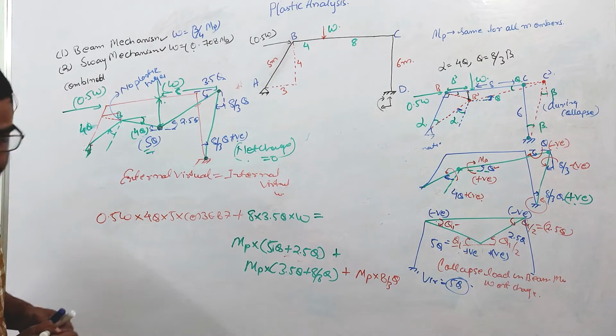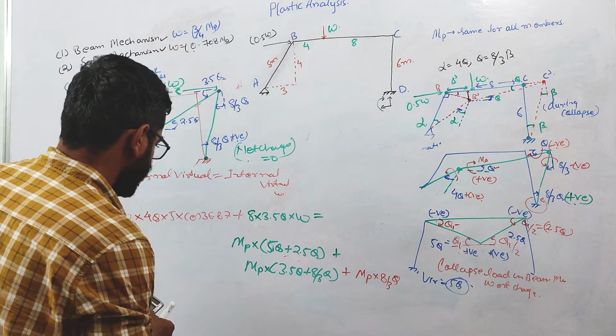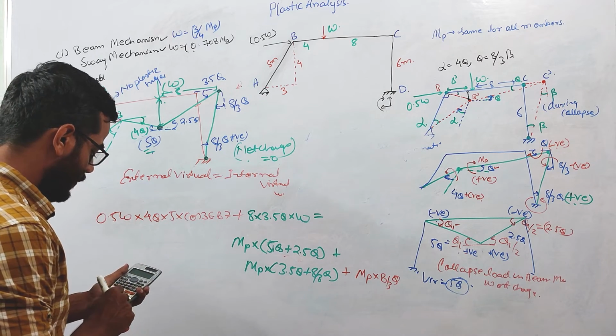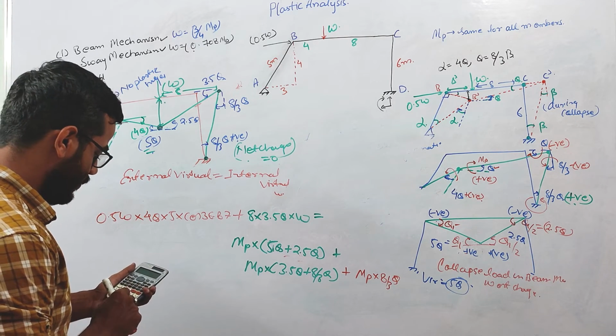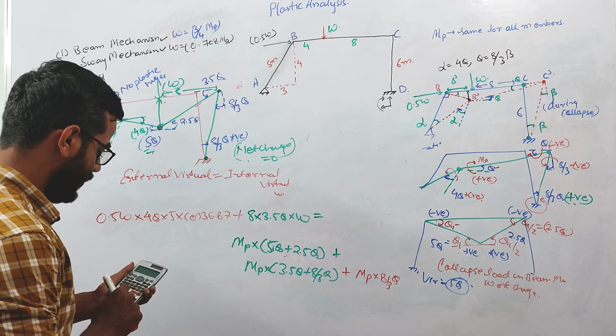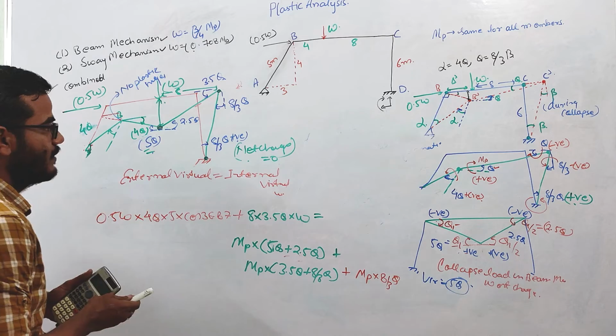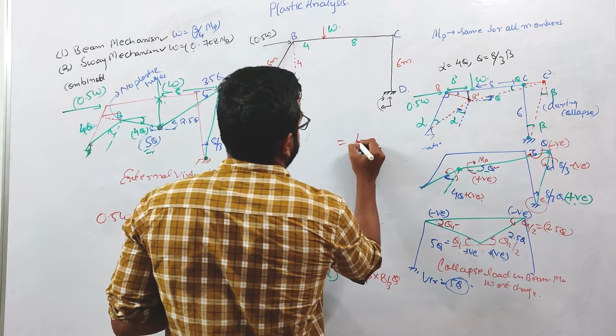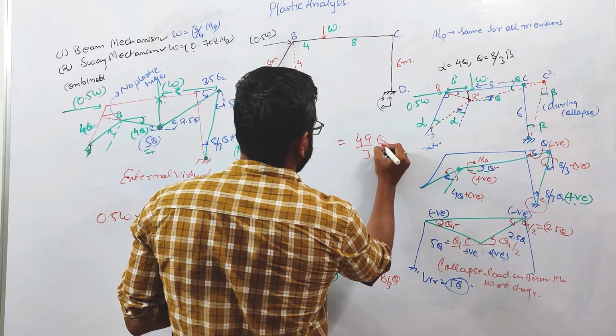Okay, guys. If you calculate the value from here, this will be 5 plus 2.5 plus 3.5 plus 8 by 3 plus 8 divided by 3. This comes out to be 49 by 3 theta into MP.